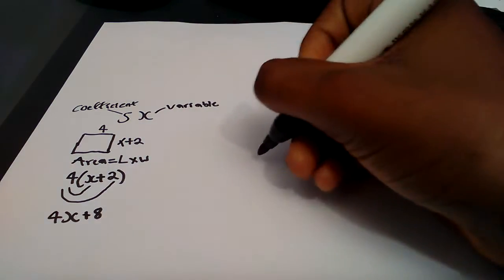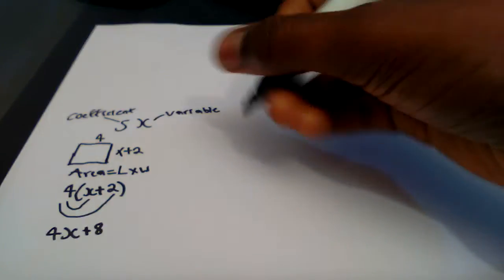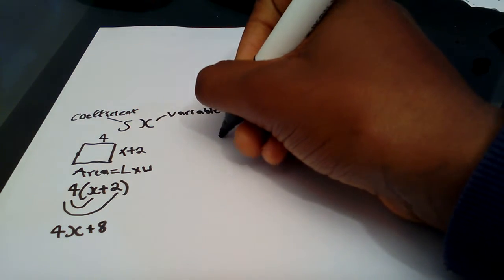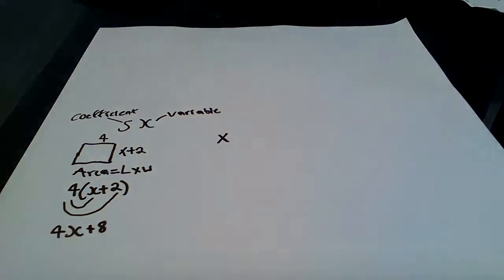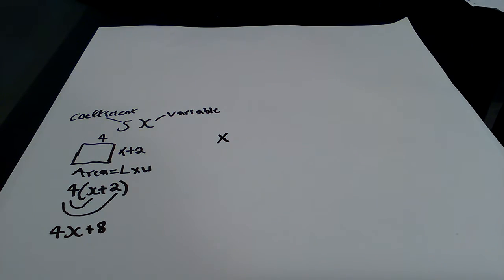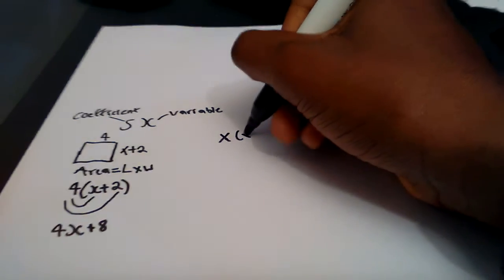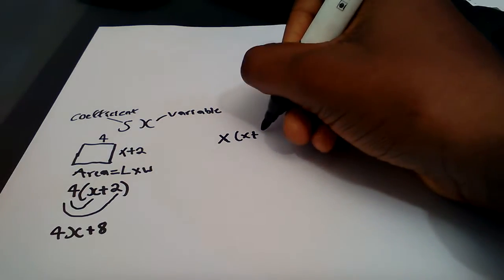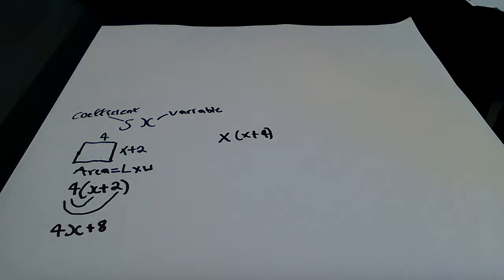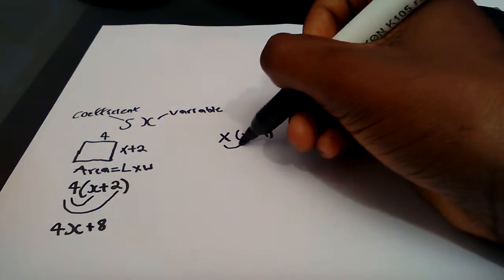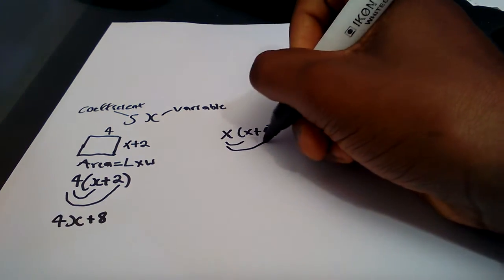So we've done this. Now we can do, for example, x bracket x plus 4, and do it the way we did it here. So x times x, and then x times 4.